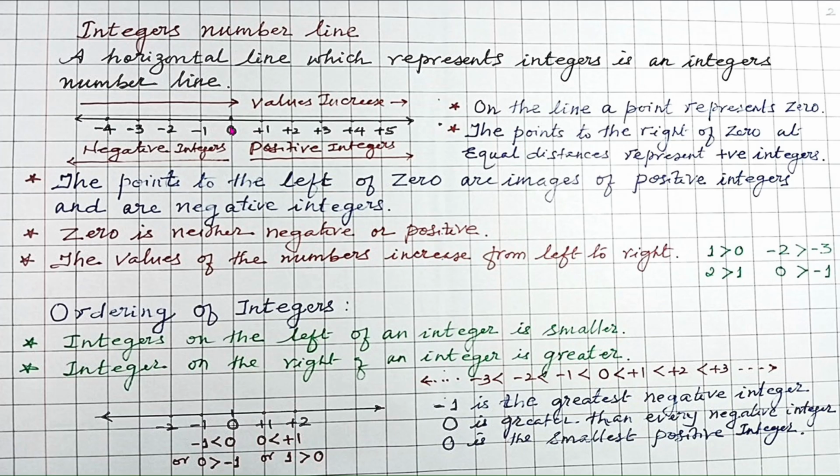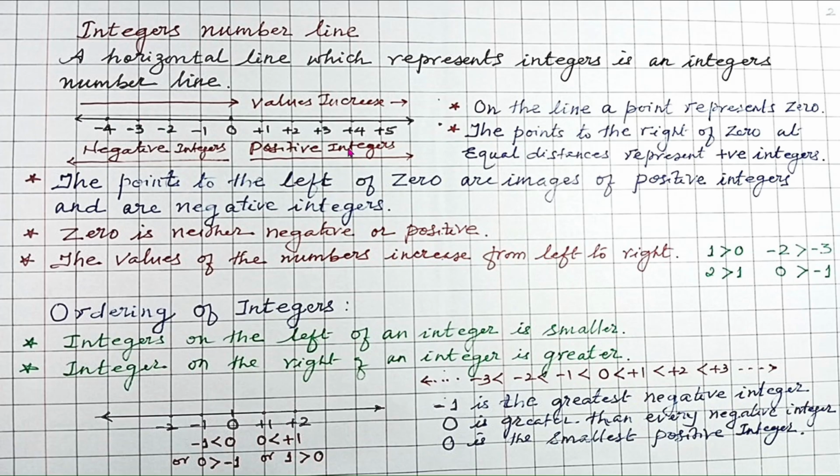The values of the numbers increase when we move from left to right of the number line. So if you see here, 0 is greater than minus 1, minus 1 is greater than minus 2, and plus 5 is greater than plus 4. Therefore the values increase as we move from left to the right of the number line. Now to understand ordering of integers, integers on the left of an integer are smaller. 1 is smaller than 2, minus 1 is smaller than 0 to the left.